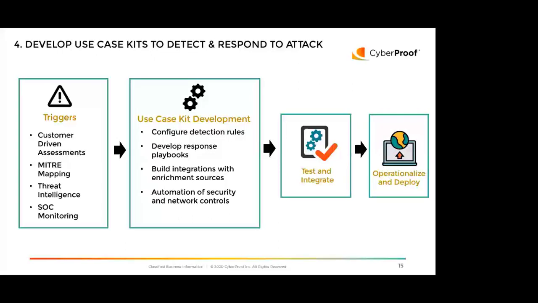Customer-driven assessments, these workshops to identify the gap analysis, MITRE mapping, so just a general coverage map, and also threat intelligence. And this is really key as we do continuous investigation for new attacks, new techniques that are being developed, and also chatter about that organization and what might be launched against them. We can develop use cases quickly to facilitate the detection of those new attacks.